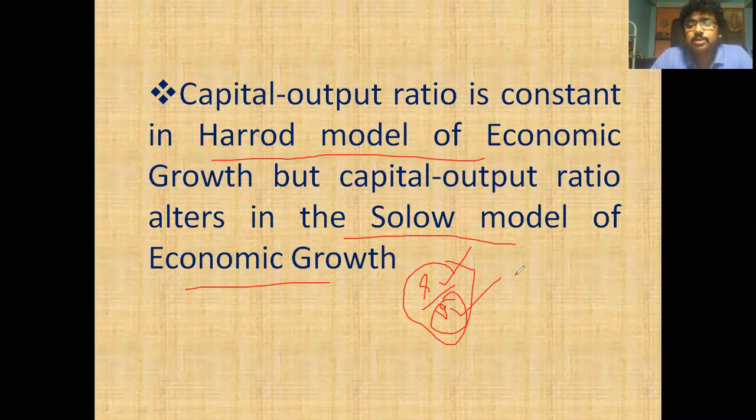I have mentioned that the capital labor ratio is changing in the Solow model, and on the basis of that, the real rate of interest or the real wage rate changes. And as the real rate of interest changes, the capital output ratio changes.